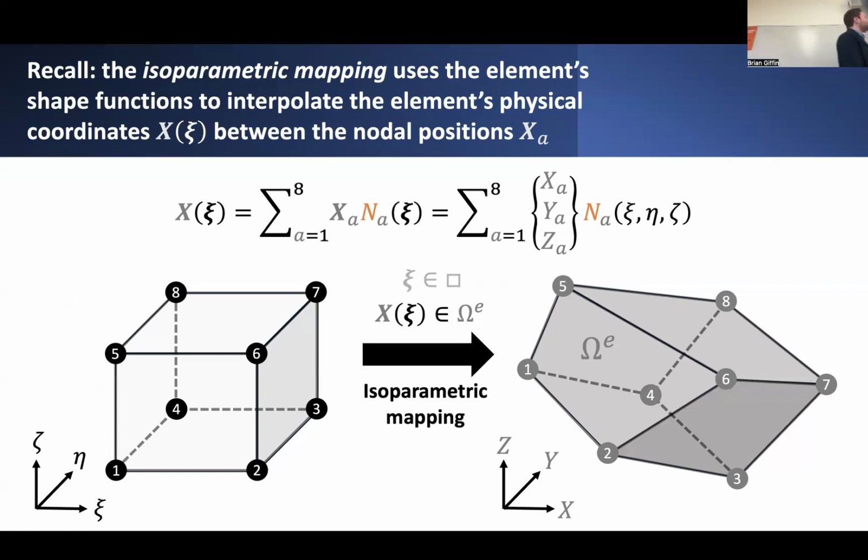First, it gave us a way of identifying specific points inside of the element, parameterized by these different xi, eta, and zeta coordinates. And it also gave us a way of determining how small chunks of volume get distorted once they went through this parametric transformation. So a differential chunk of volume that began as a perfect cube in this parametric domain might be a little bit skewed in this configuration.